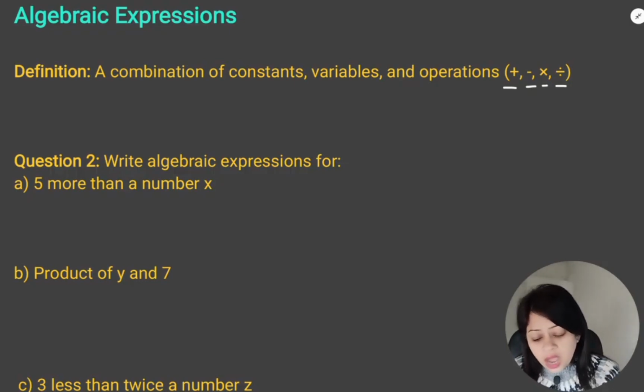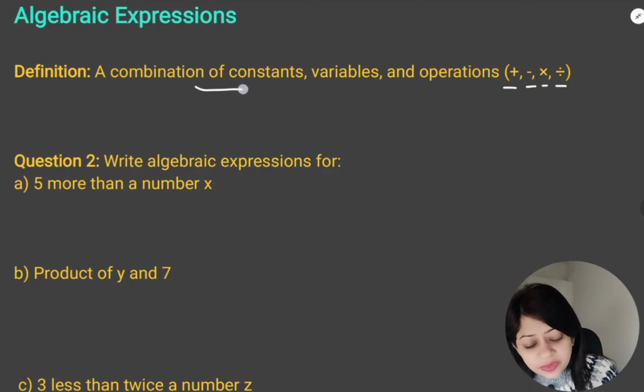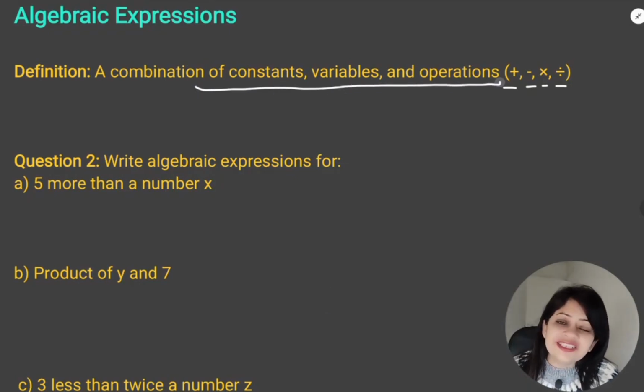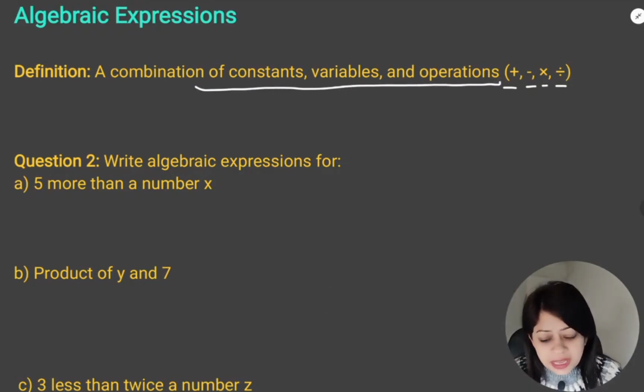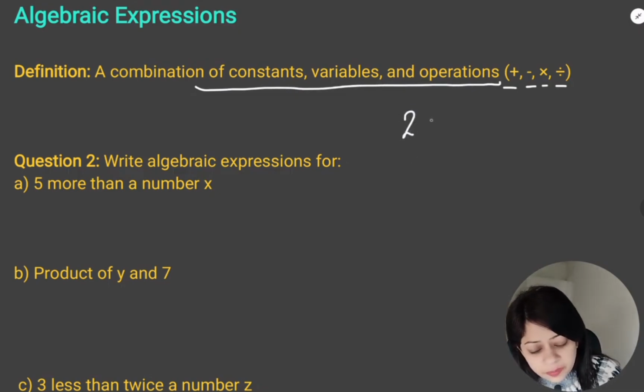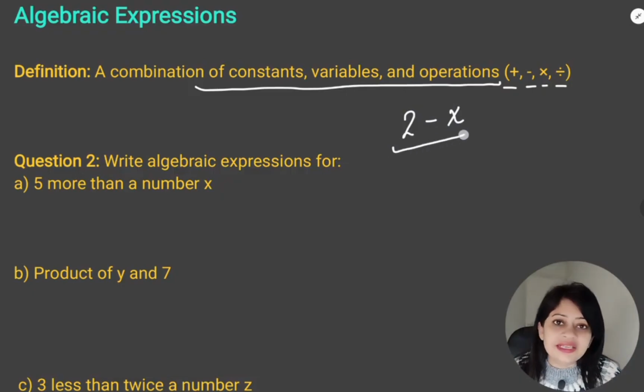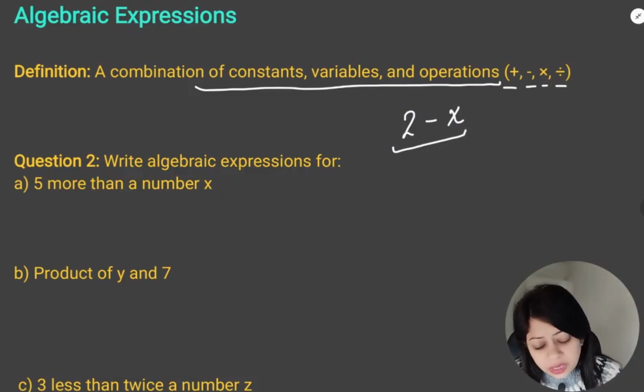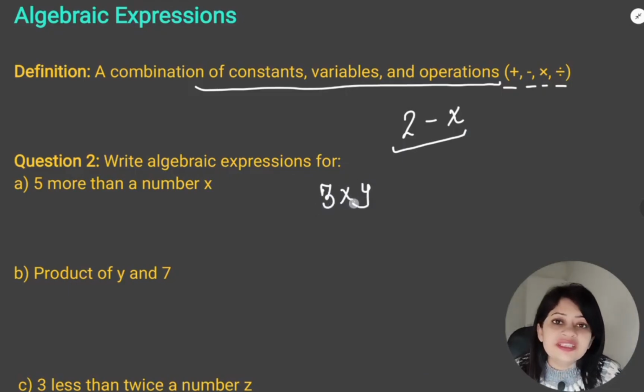So a combination of constants, variables and operations is known as an algebraic expression. That means if I write 2, subtract, and write a variable, what is this now? This is an algebraic expression, right? If I write 3, multiply, a variable, this is also an algebraic expression.